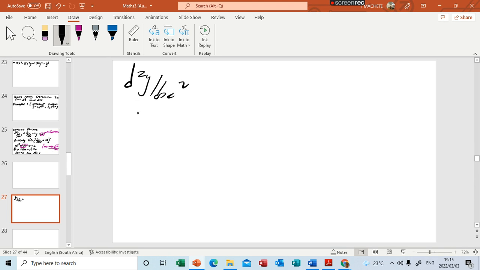Yes, that's the one. What's the example? Let me just check my example 1. It's d squared y over dx squared minus 3 dy over dx plus y is equal to 4.